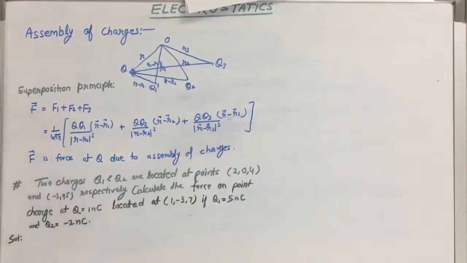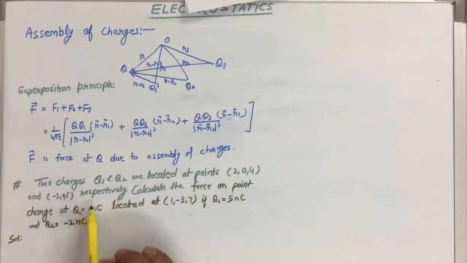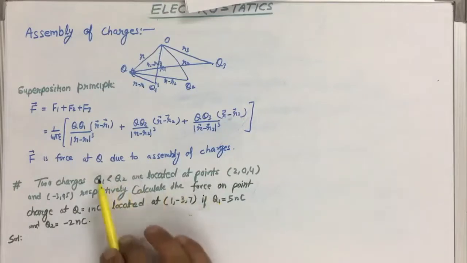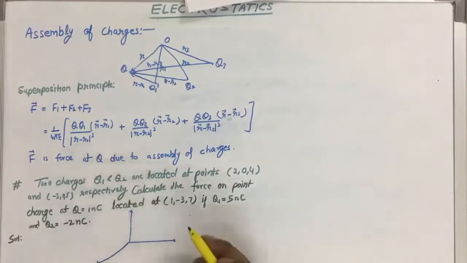Now let us take one example. There are two charges Q1 and Q2. These are located at points this and this. Calculate the force on point charge at 1 nanocoulomb located at this point, if Q1 and Q2 is given here. So first of all, let us draw the position of the point charges.